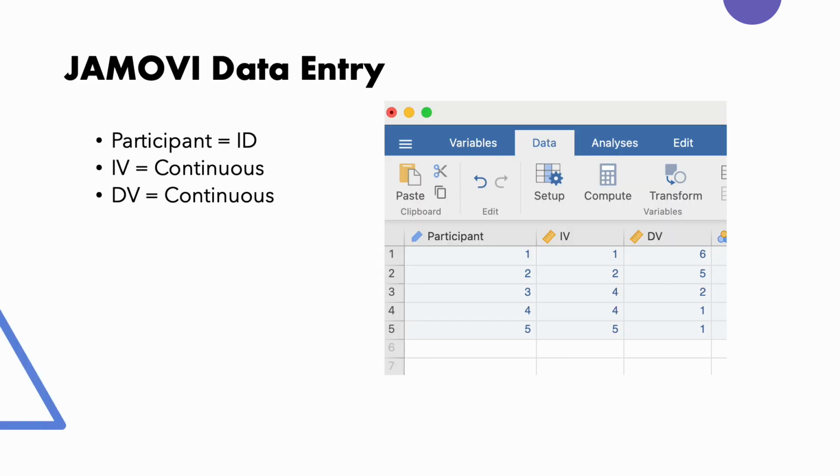Entering your data in Jamovi is simple. You should have a participant column that's just an ID type variable. You should have an IV column that's continuous and a DV column that is also continuous.